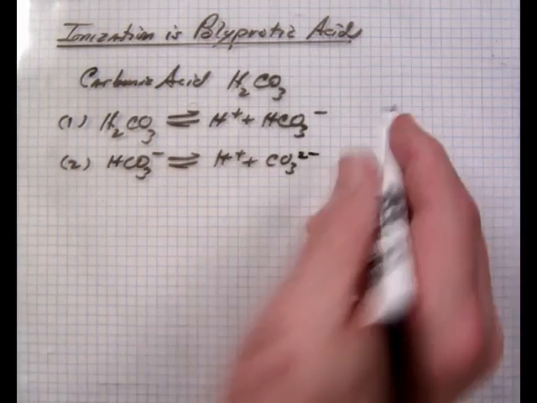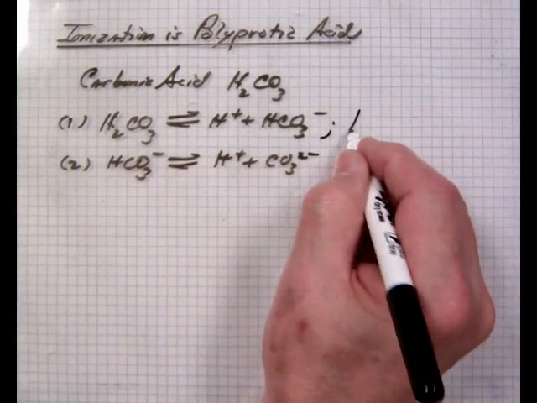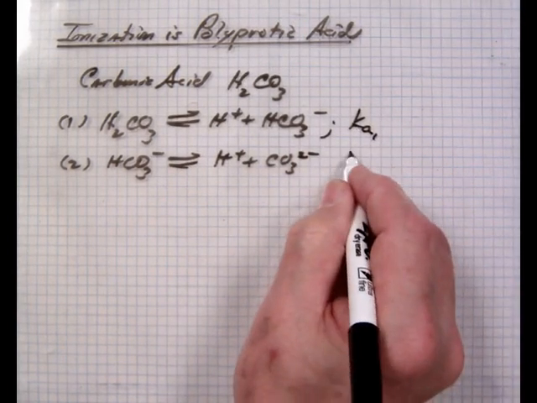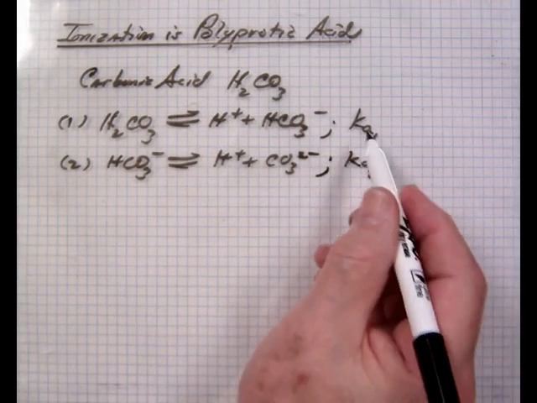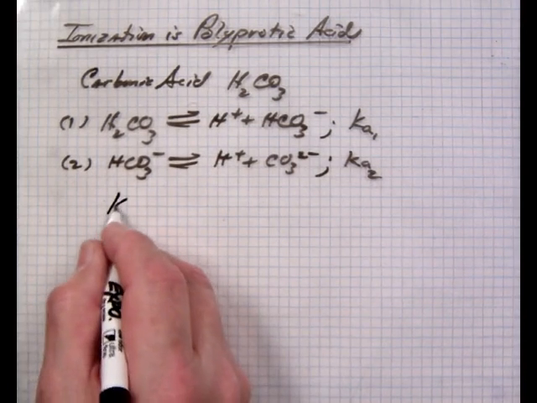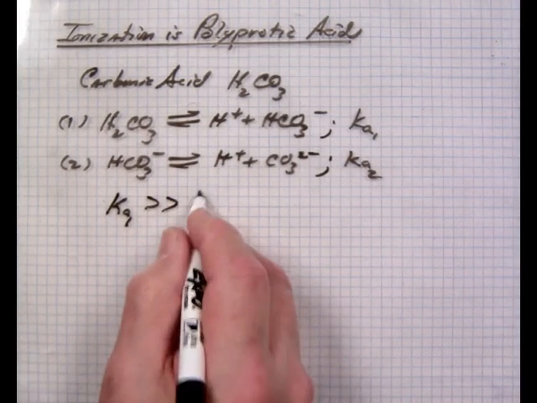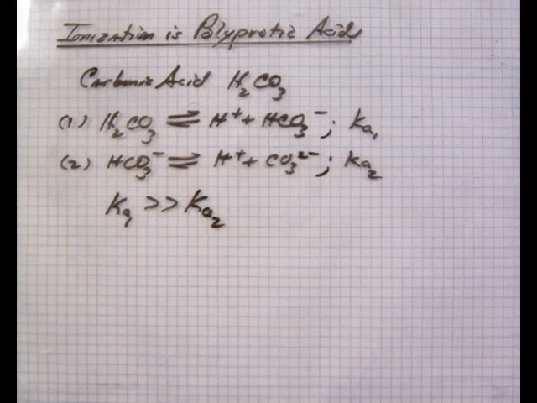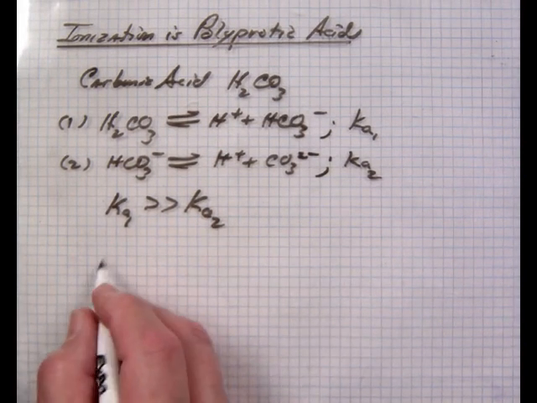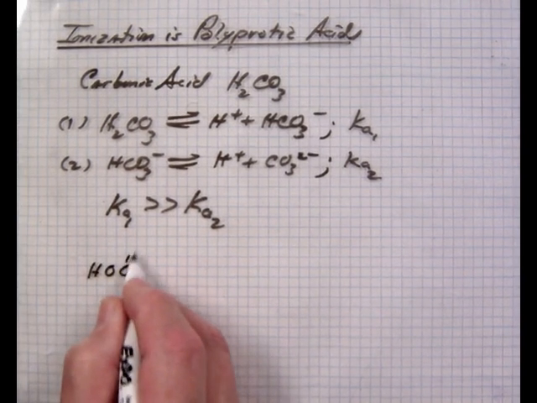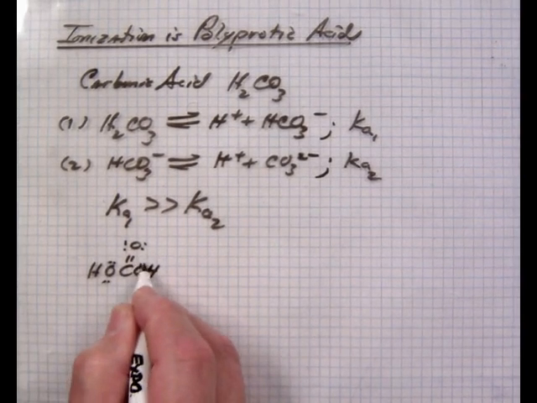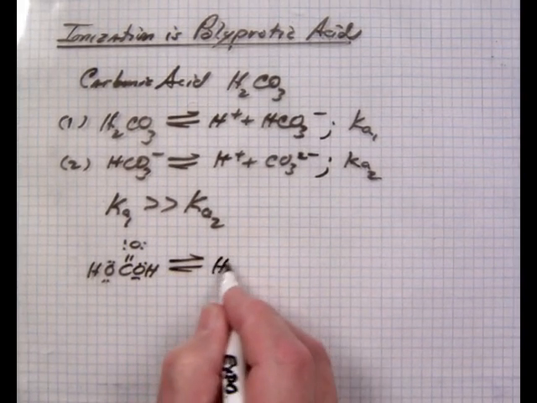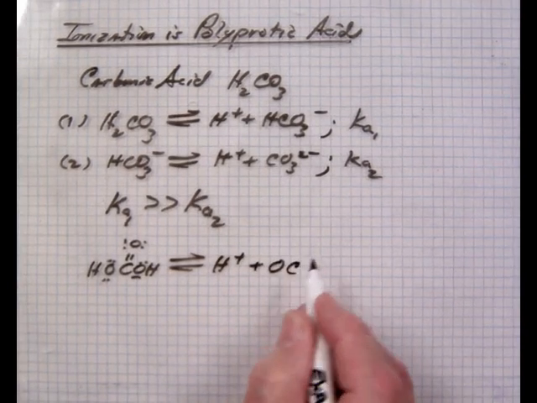In this world of diprotics and polyprotics, you have an ionization constant for each step. Ka1 will always be significantly greater than Ka2, which means the second hydrogen is more difficult to pull off. To illustrate this, here's the structural formula for carbonic acid, and when it ionizes and delivers the first ion, here is the bicarbonate.